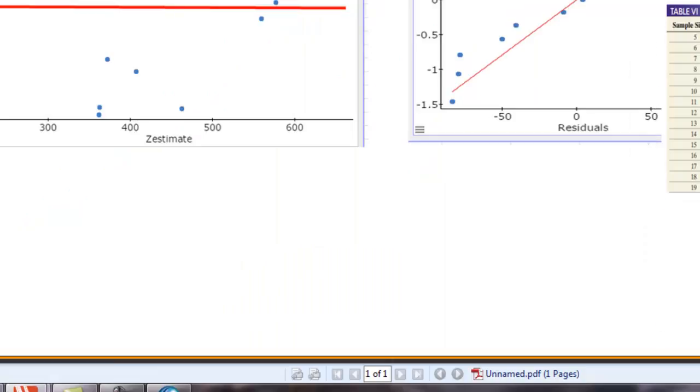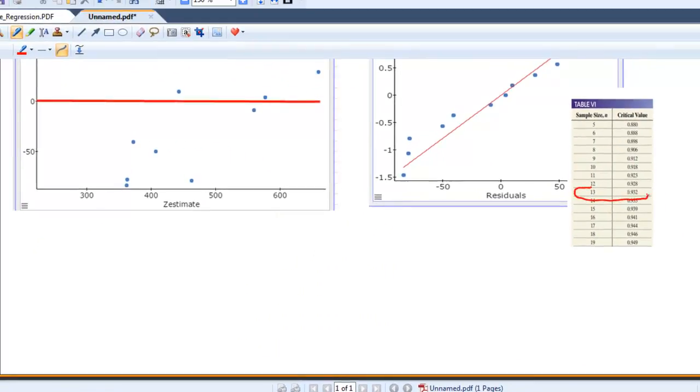There it is. 0.932. So because 0.981 is greater than 0.932, the QQ plot suggests that the residuals are normally distributed, which means that my response variable is also normally distributed, which is a requirement in order to do any kind of inference using Student's t-distribution on the slope parameter.